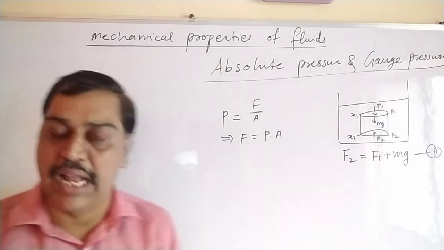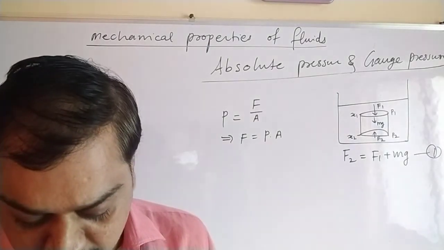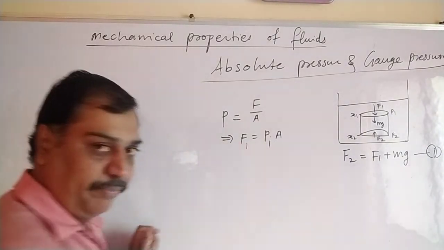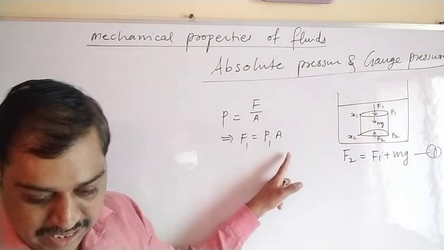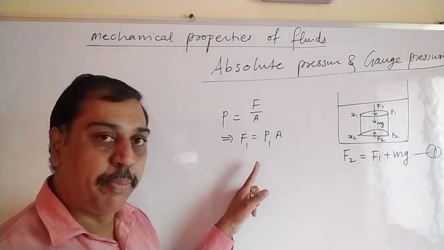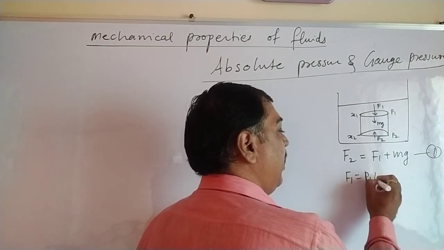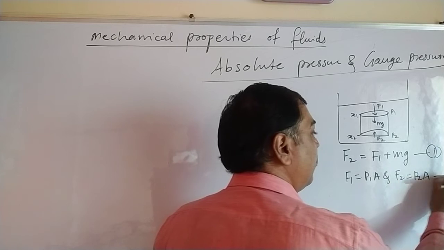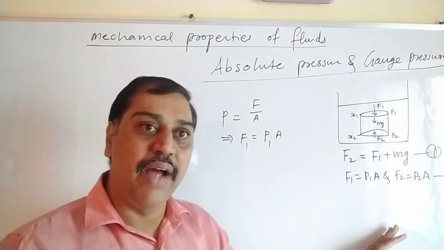Accordingly, for the first force F1, the pressure is P1 and the area is A. Similarly for the second, we can write F2 equals P2A. So F1 equals P1A and F2 equals P2A. Suppose this is equation 2. I have written it here to understand it well.